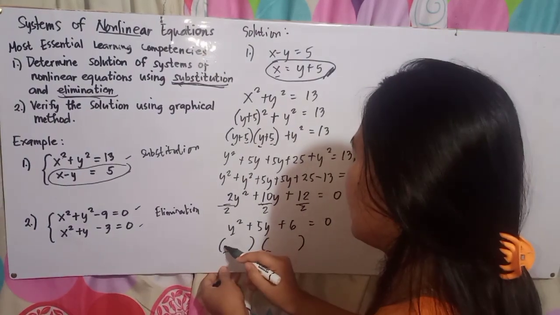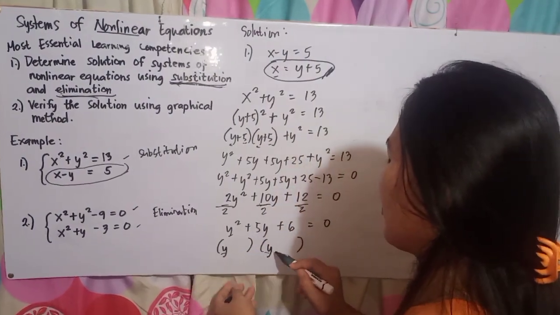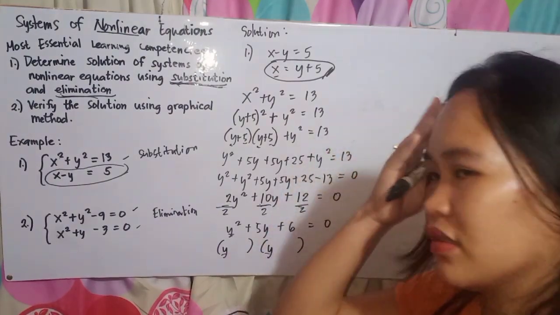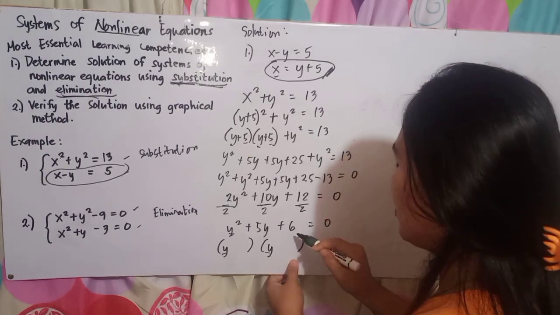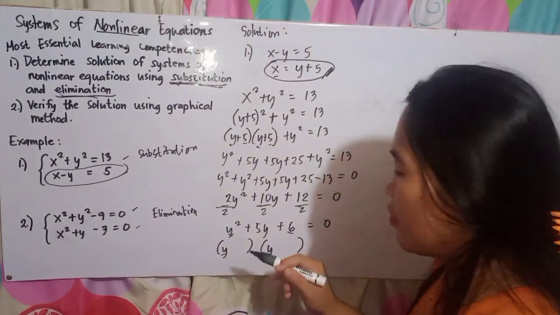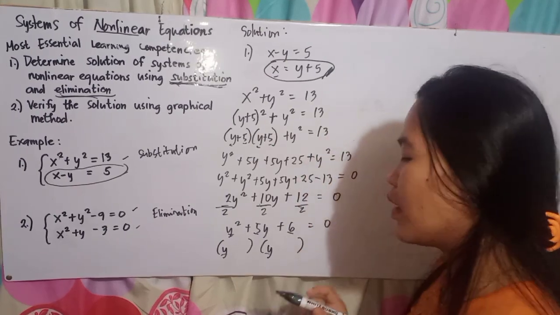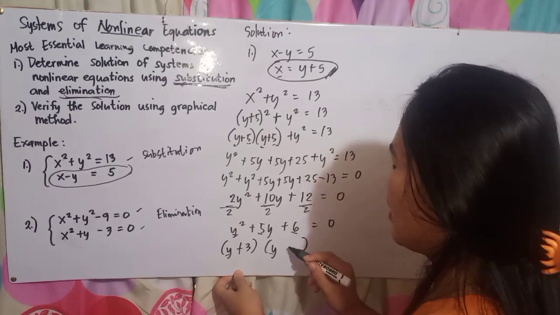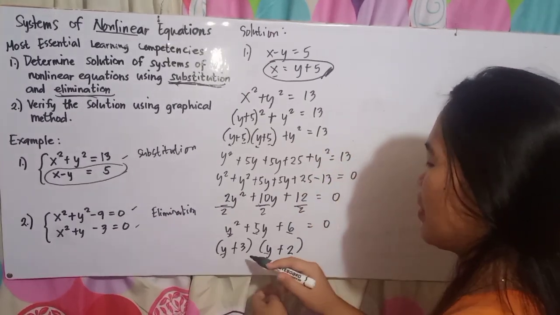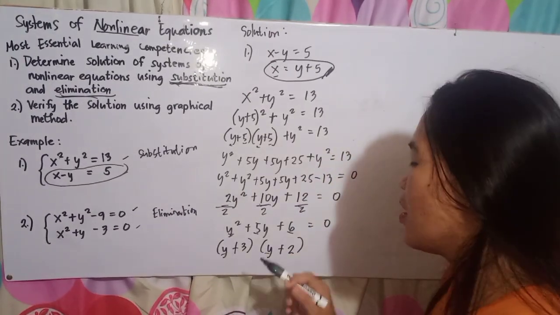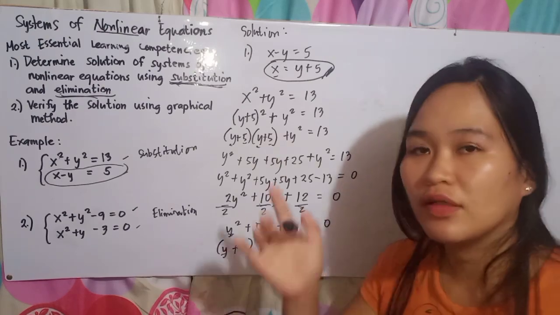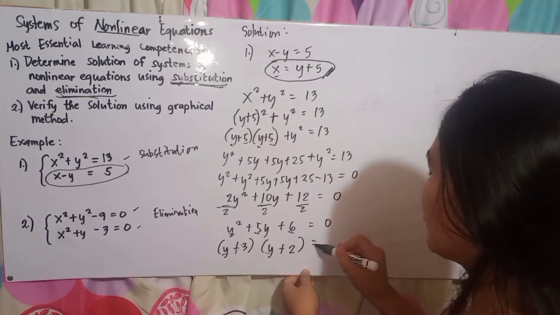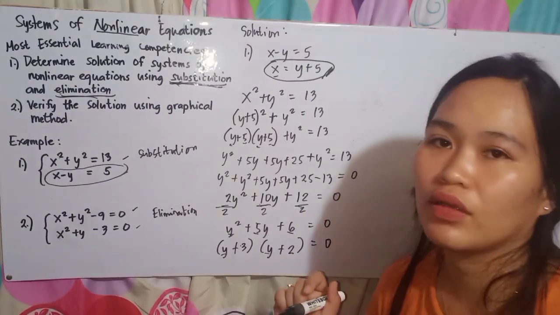Of course, there is none other, so y and y. Y times y is y squared. Next, think of numbers that multiply to positive 6 and add to positive 5. Possible are positive 3 and positive 2. Multiply to positive 6, add to positive 5. So, equals 0.